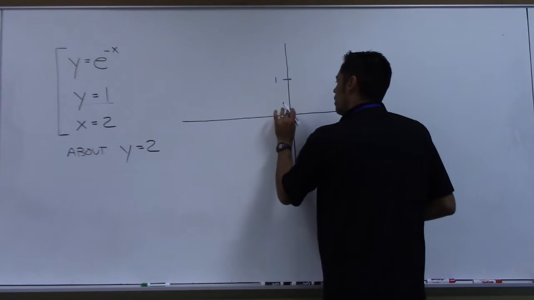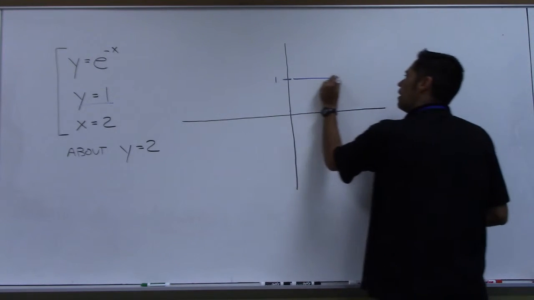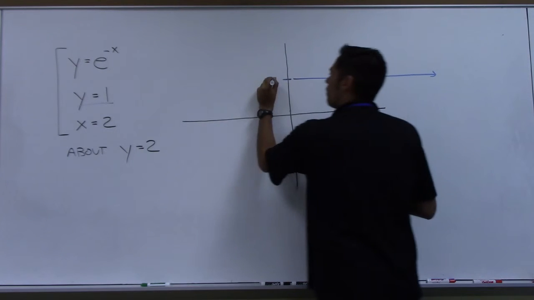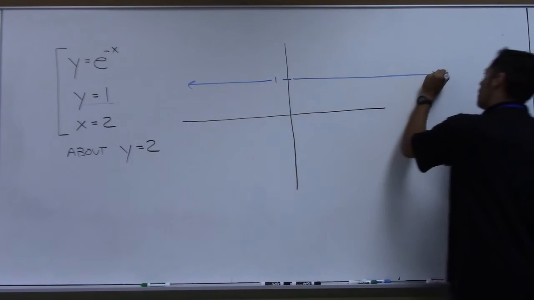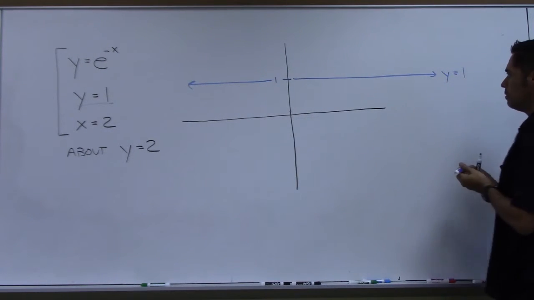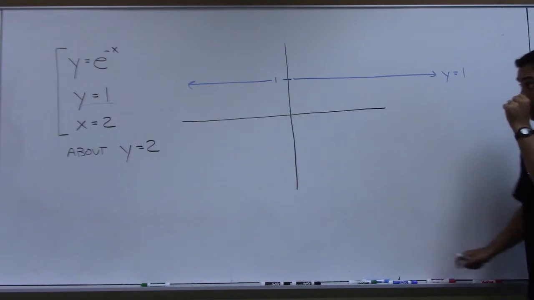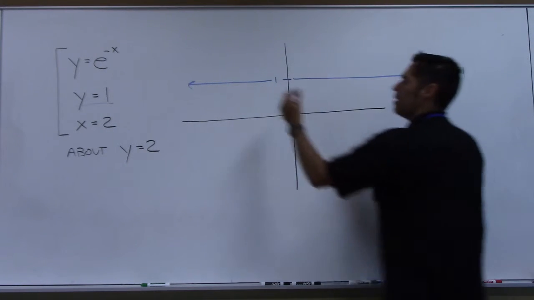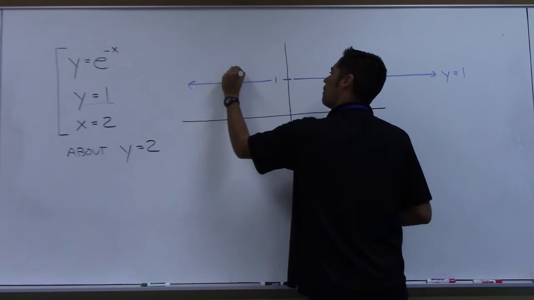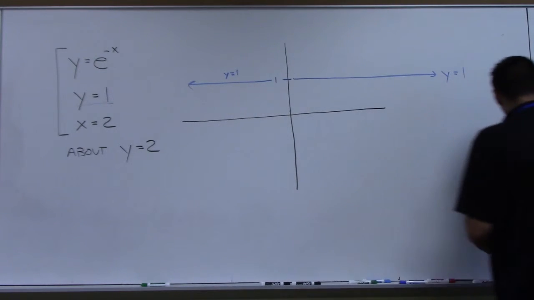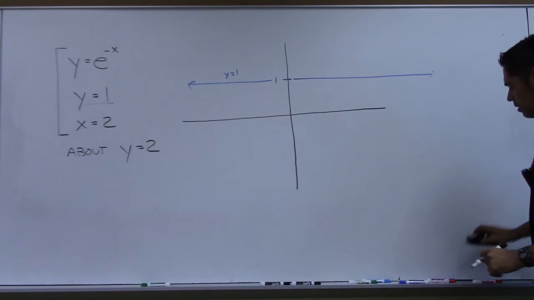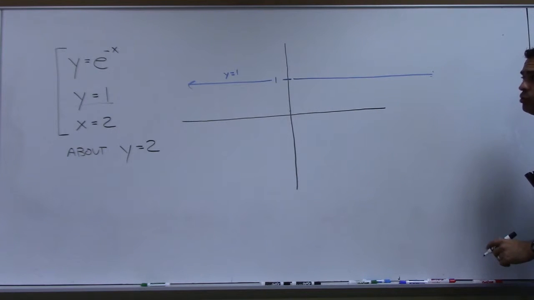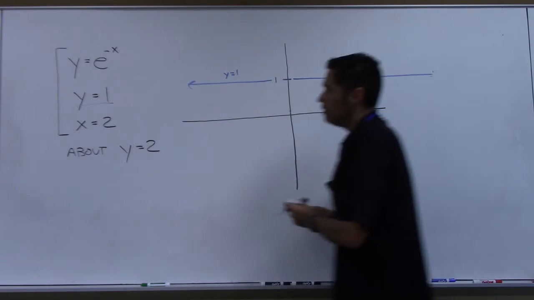So y equals 1 is this line right here. What's next? A vertical, x is 2, so that's right here.